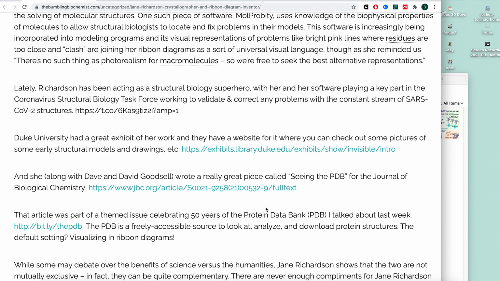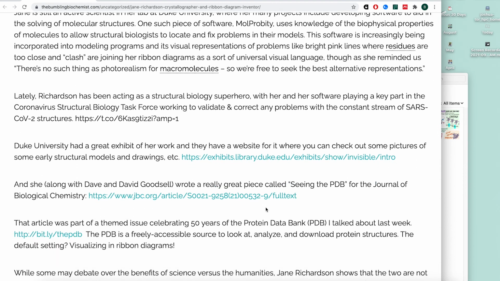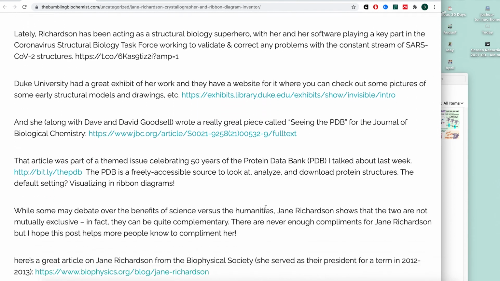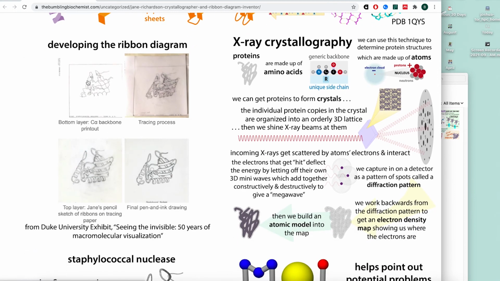Anyway, she would actually make physical models, wrapping ribbons around tubes and all of this stuff. It was really incredible to hear about. She would start with her drawings, making the carbon alpha backbone, the backbone of the protein.